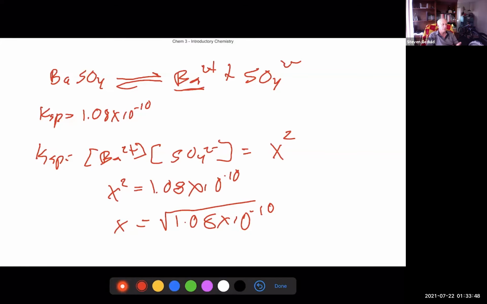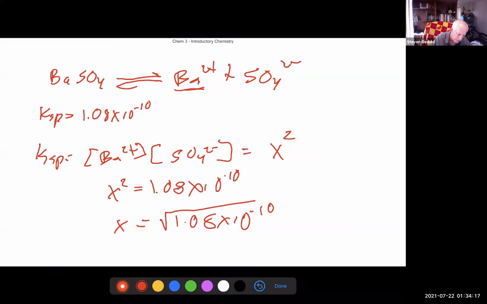So you take the square root of it. I know you have to do this sideways calculator again to get your square root function. So 1.08 EE 10, then change the sign, then hit equals, and then hit the square root sign. And it comes out to looks like 1.04.